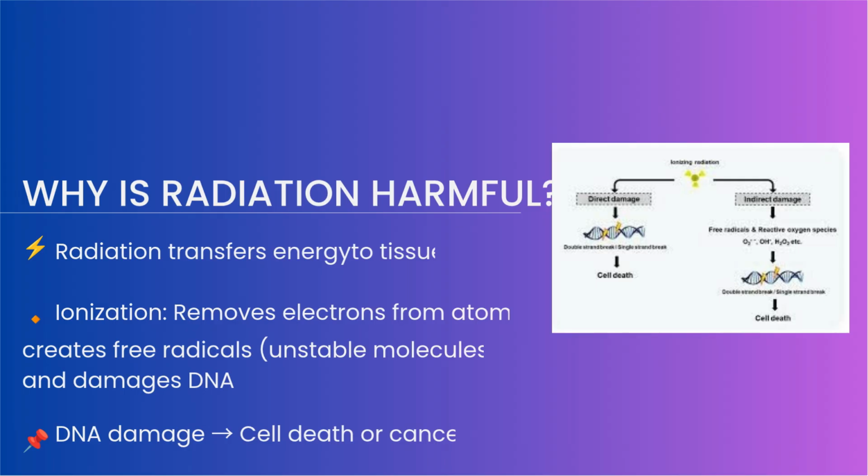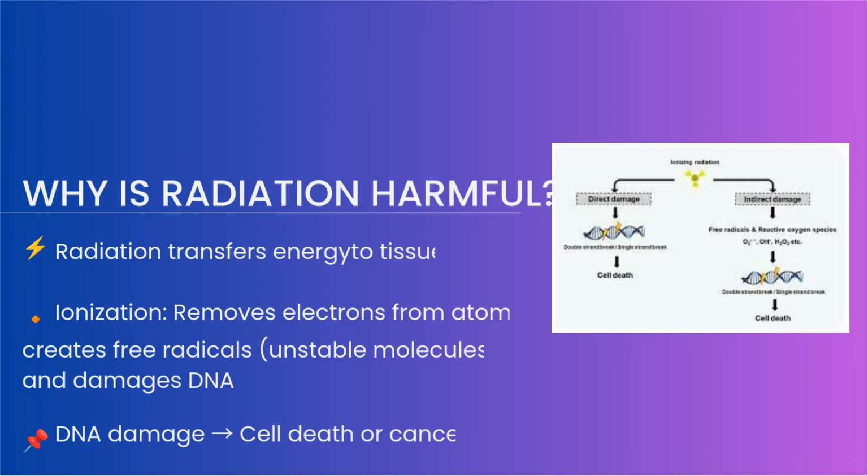These ions can break chemical bonds, and breaking these chemical bonds can cause free radicals that react highly with your molecules, and in reacting with the molecules, they cause damage to the DNA and other cellular structures. If the DNA is damaged, the cell can die or become cancerous. And this is the basic mechanism of radiation injury.